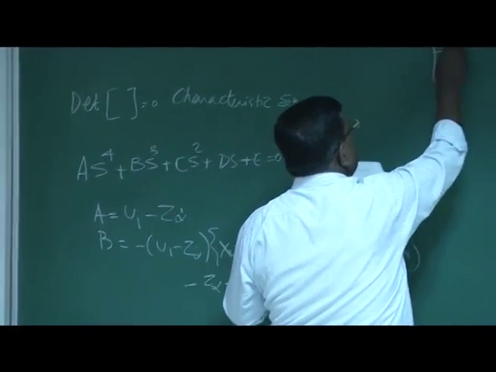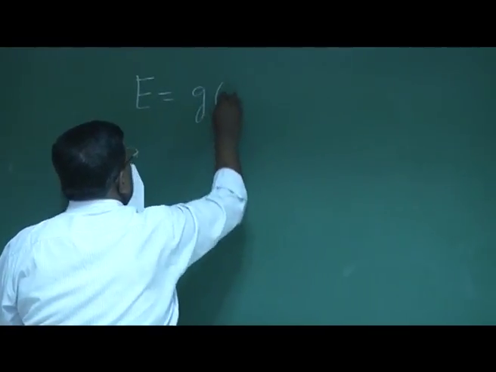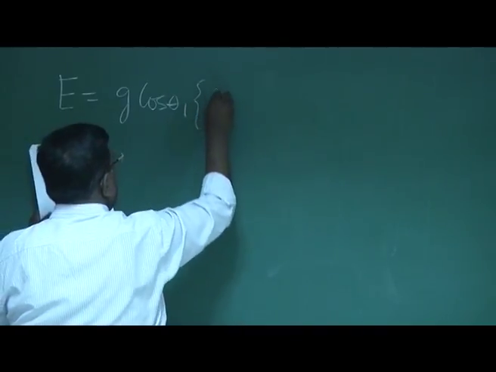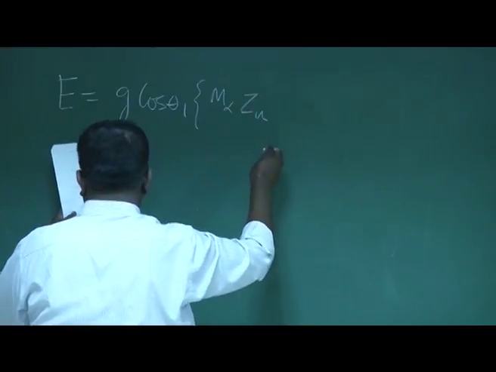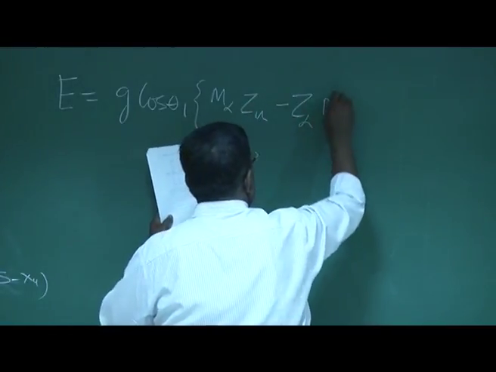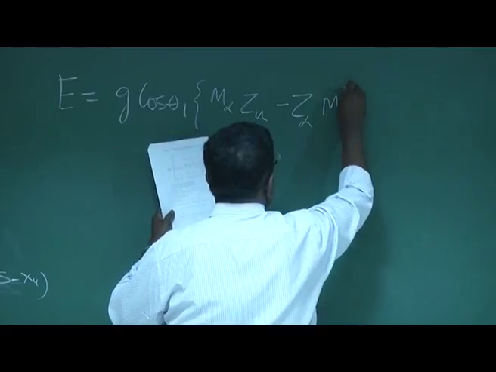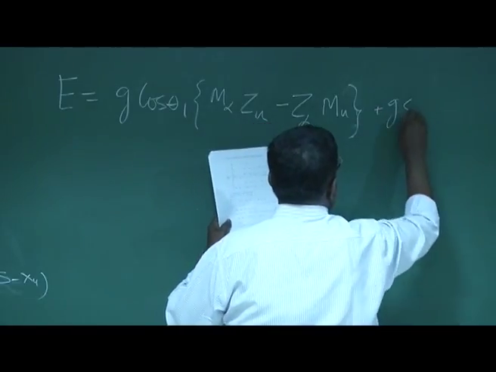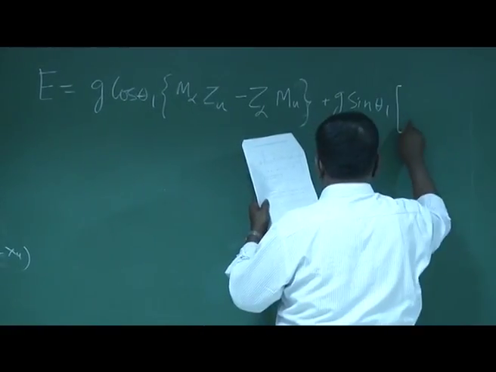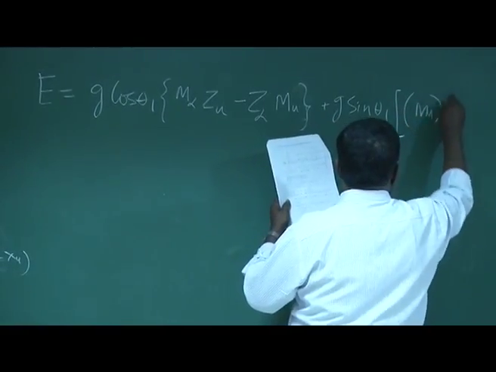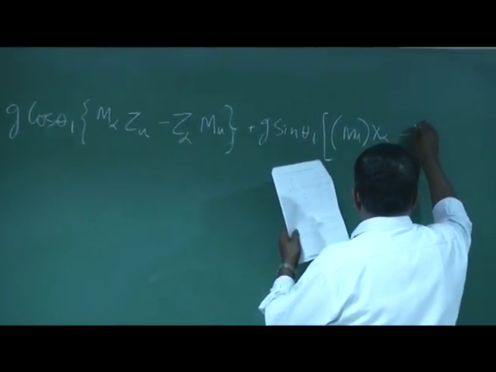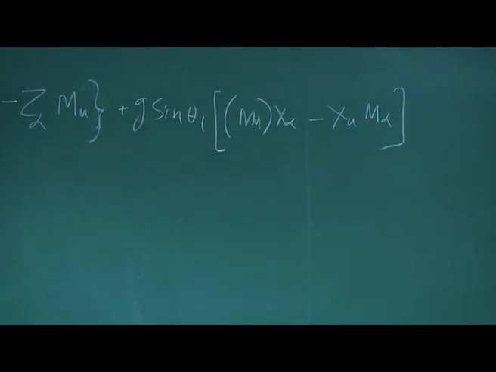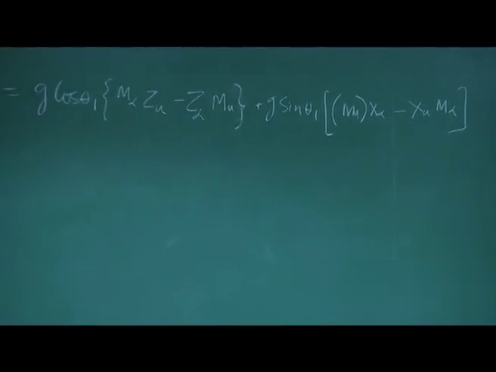If I see the expansion, E will come like this: E will come as g cos theta 1 into m alpha z u minus z alpha m u, plus g sine theta 1 into m u x alpha minus x u m alpha, something like that. This will come if you expand, you will get it. Okay?